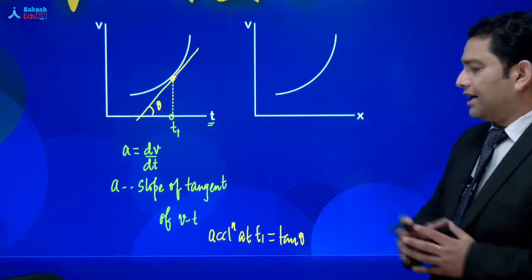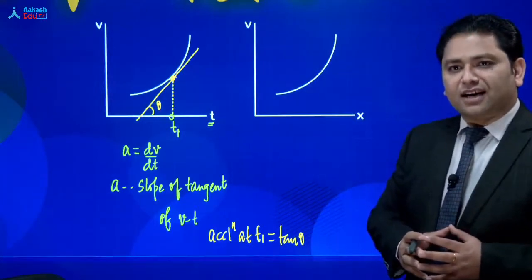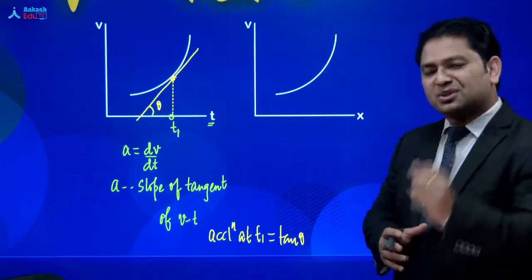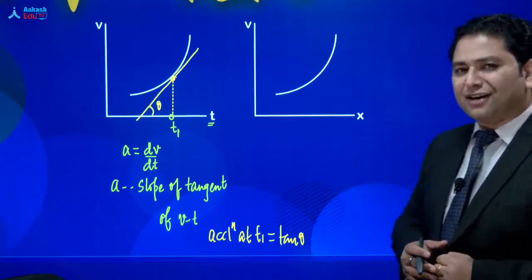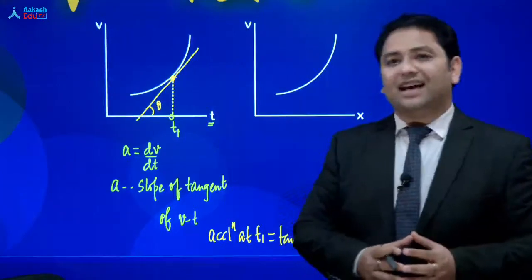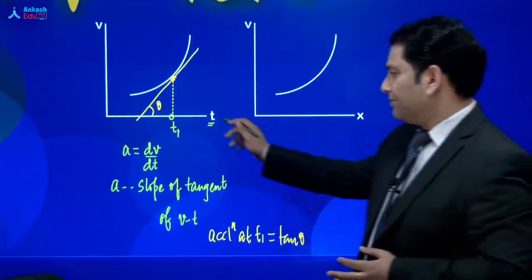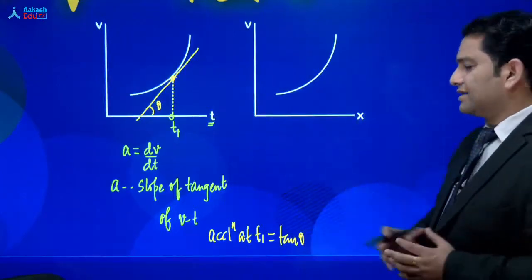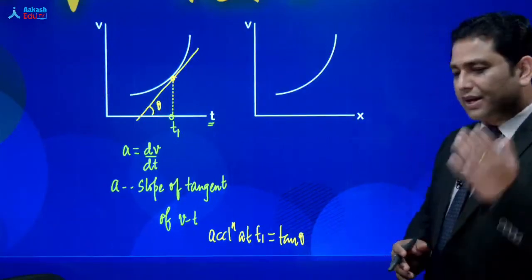Now there's another graph which is the Vx graph. Now let's try to see with the help of Vx graph, how do we calculate the acceleration? Do remember this was Vt graph and this is Vx graph. तो क्या करेंगे?